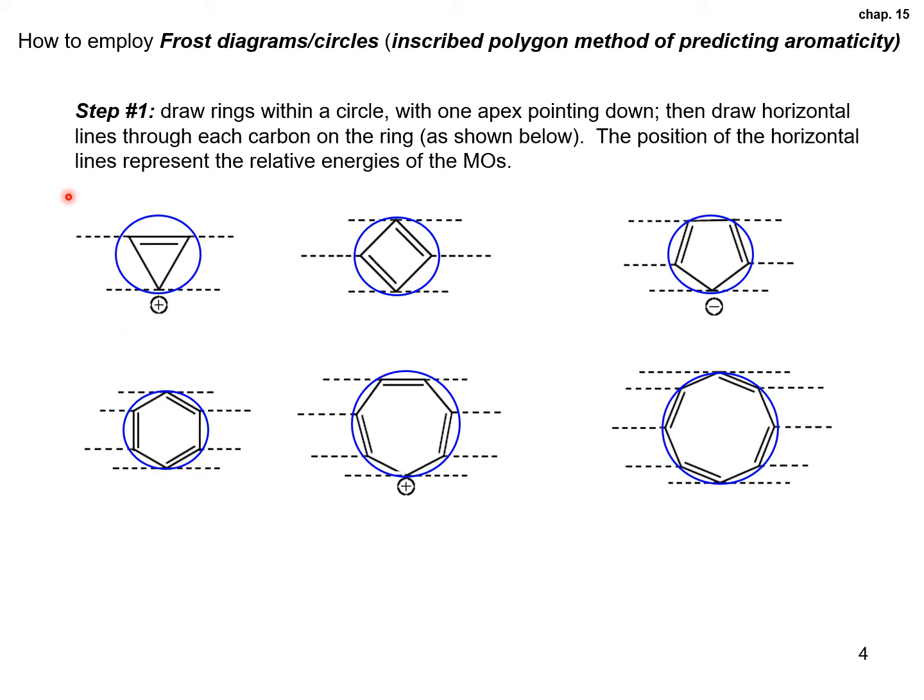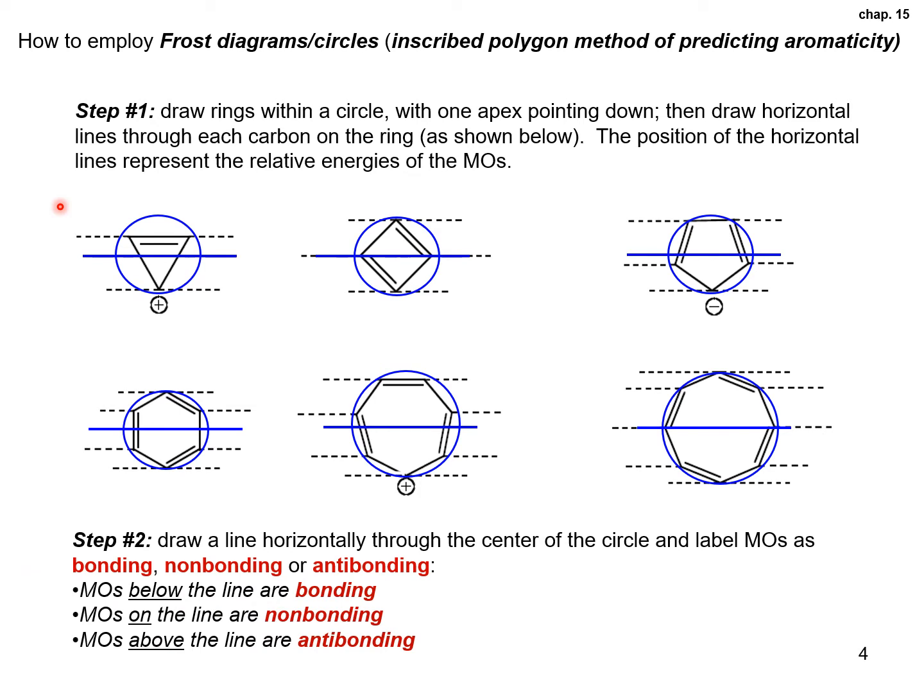And if we draw a circle around each of the rings, then draw horizontal lines through each carbon on the ring, you'll see that marks off where each of the vertices touches the circle, and at that point, those positions represent the relative energies of the molecular orbitals that you would get from a mathematical calculation.